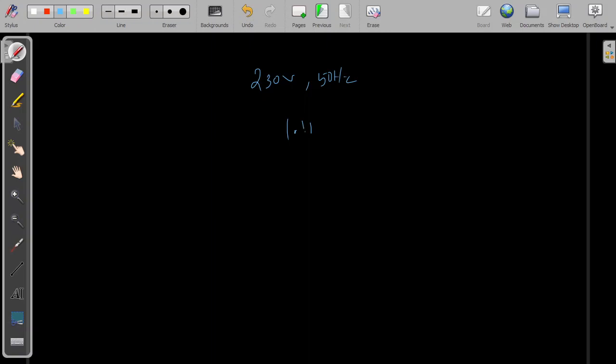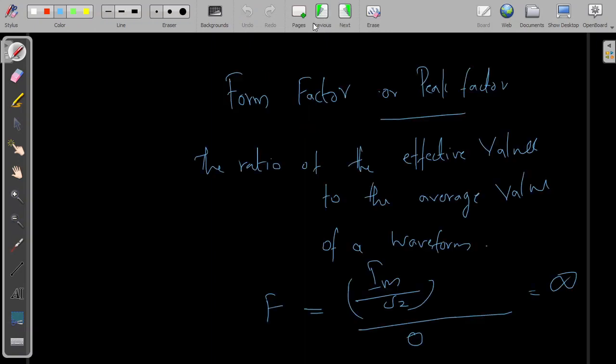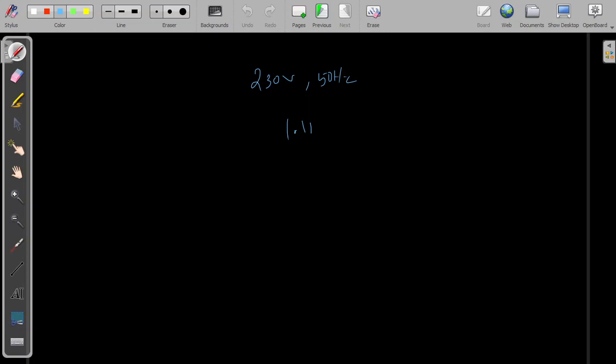But the interesting point here is, if our supply voltage were a pure sinusoidal alternating current waveform, the form factor should be infinity, or very much greater than 1. But the form factor for our supply voltage waveform is 1.11 only.